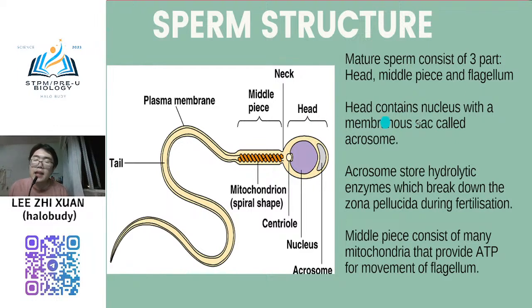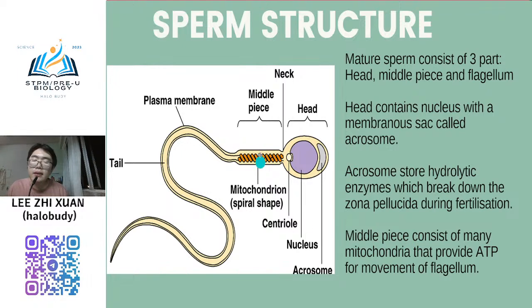The head plays the role in the fertilization process, because it contains a nuclear membrane sac called the acrosome. This is the acrosome, which is found in the sperm head and plays a role in fertilization. Later we will learn about the mechanism of the fertilization process.